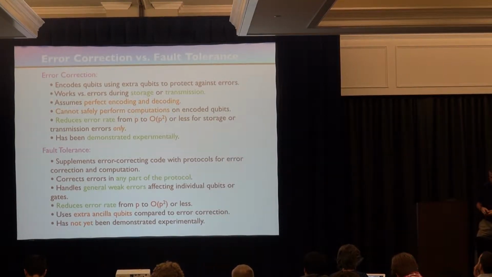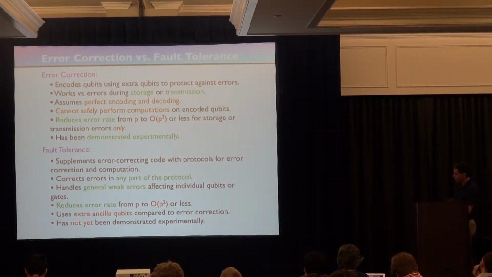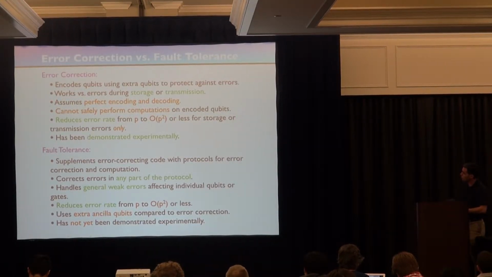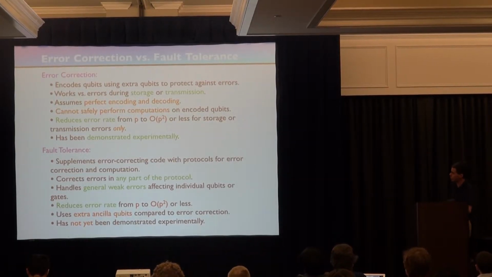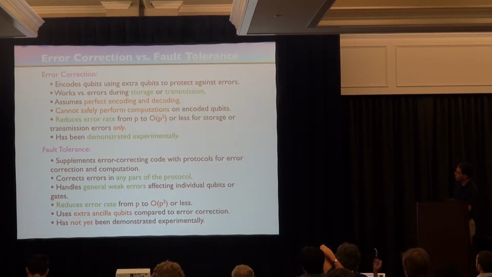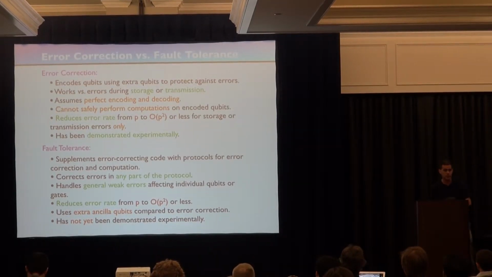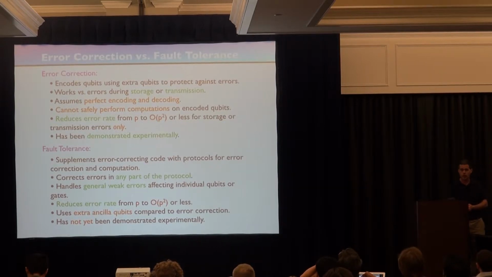The upshot is that fault tolerance is quite a bit more complicated, and you have to come up with difficult constructions like we heard in the last talk, whereas error correction, while not simple, is simpler. One consequence is that quantum error correction has been demonstrated experimentally in a large number of systems.